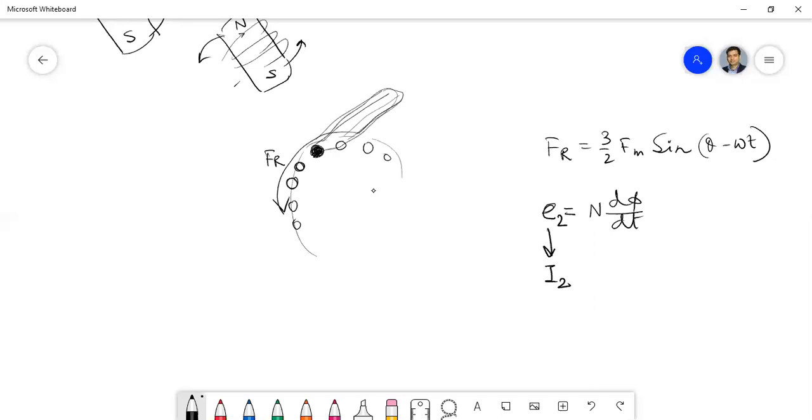There will be a phase angle difference in the currents. Suppose there will be different rotor loops and different rotor loop currents. Suppose this is one loop, this is another loop, this is another loop. Loops will be different and loop currents will have different phase angles between them.